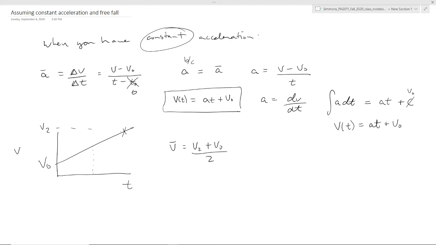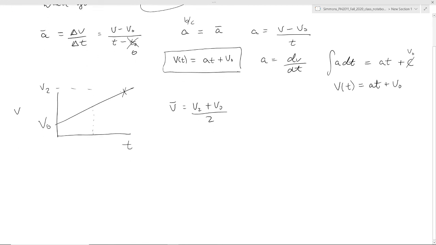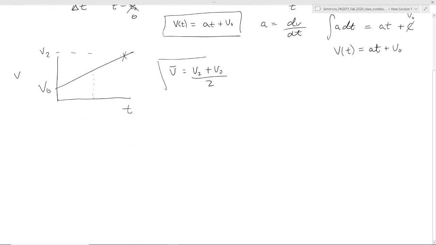If the shape of this was different, suppose it was like that, the average of v0 and v2 would not be v0 plus v2 over 2. This only works when the acceleration is constant. Okay, so that's another expression that you can have filed away.